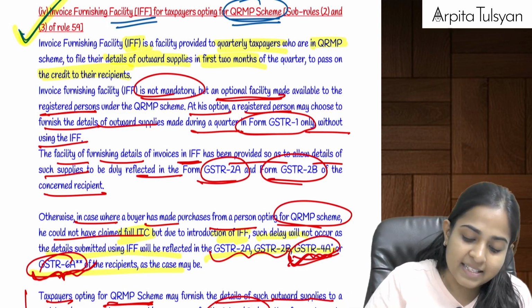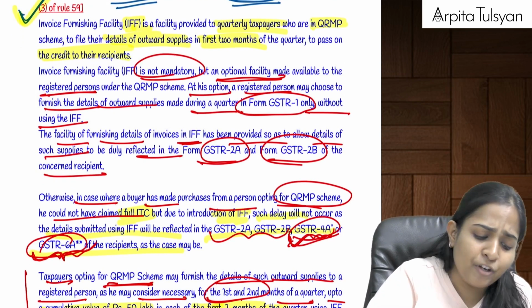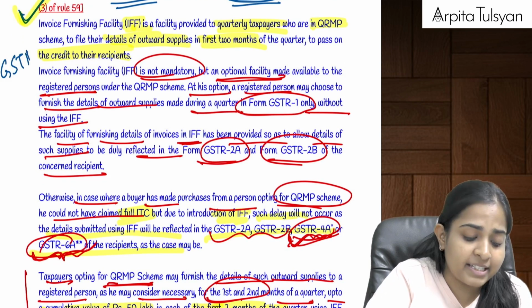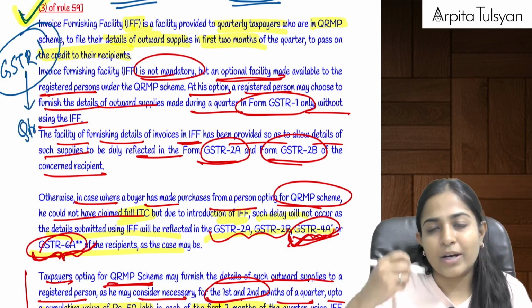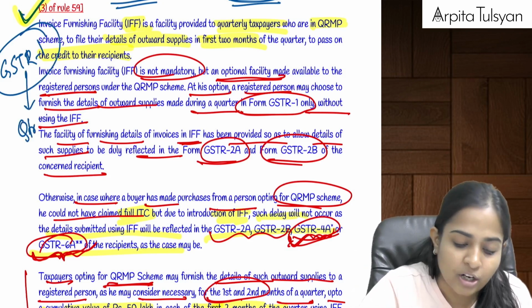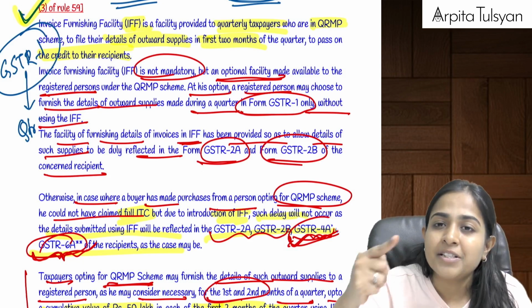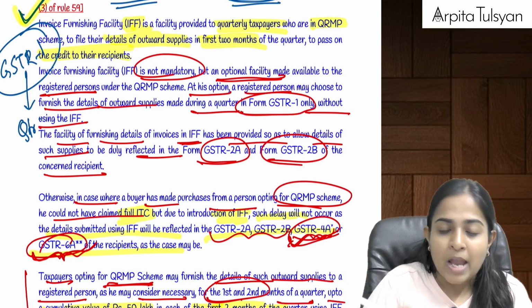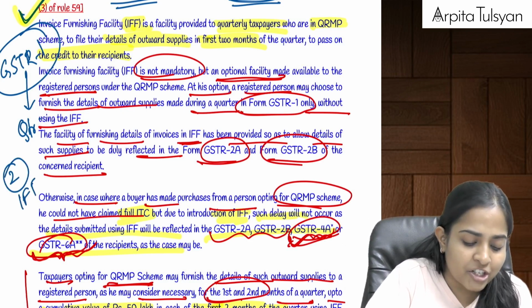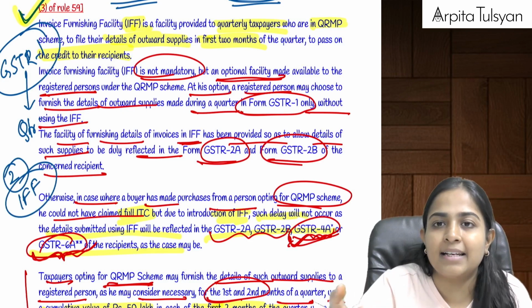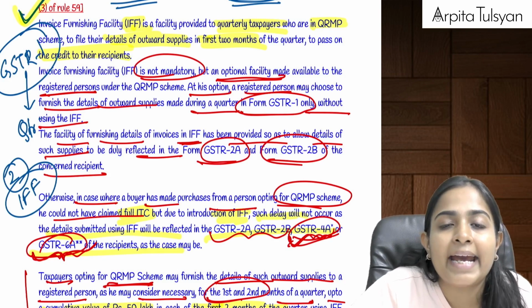It has given us an option that if you are filing your GSTR1 on a quarterly basis, you can continue filing on a quarterly basis, but for the first 2 months of the quarter, you can furnish the details of your sales invoices in IFF.